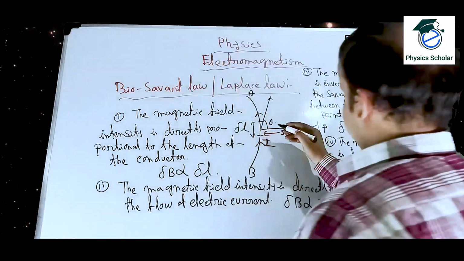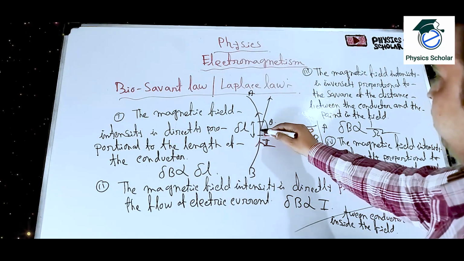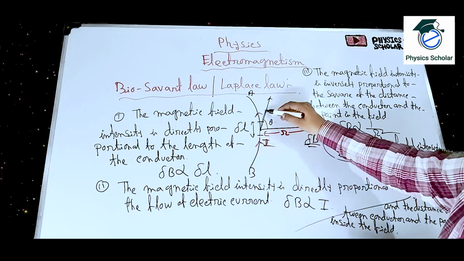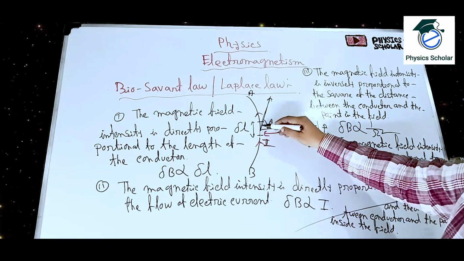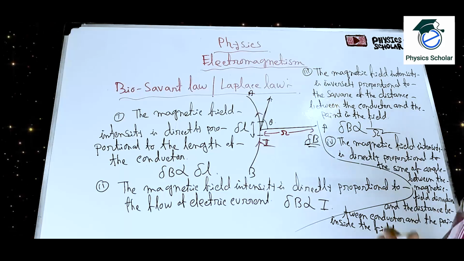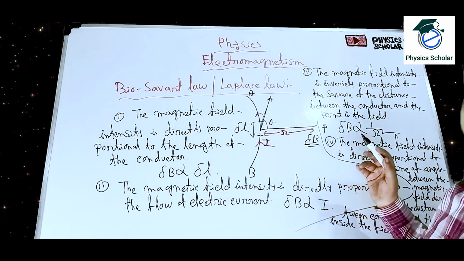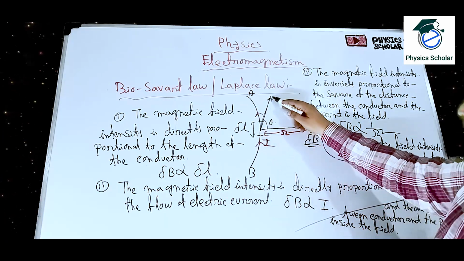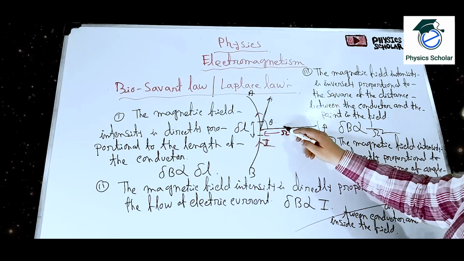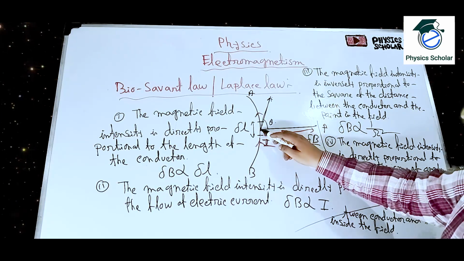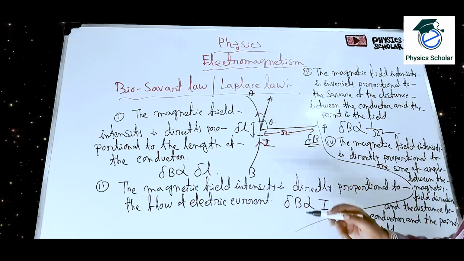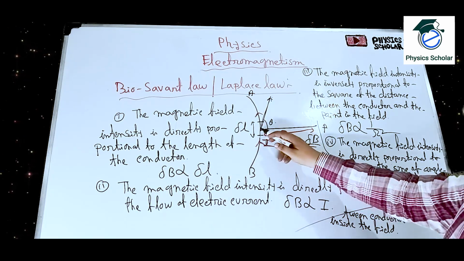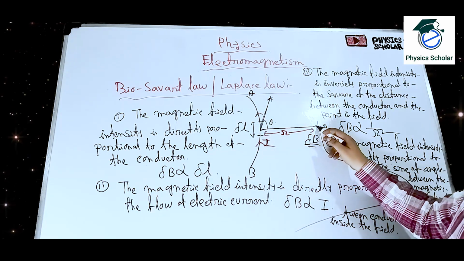Okay. So suppose this angle is theta. This is for this point. If we draw the tangent, that is a magnetic line of force. So the tangent from this point will indicate the direction of the magnetic field. Clear? So this is the direction of the magnetic field, and this is the distance between the conductor and that particular point.